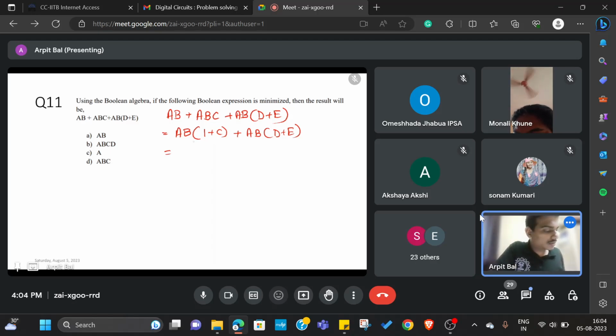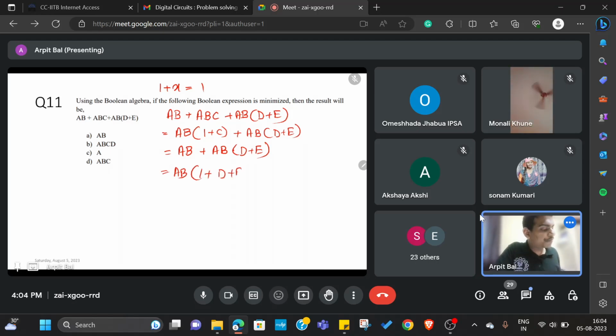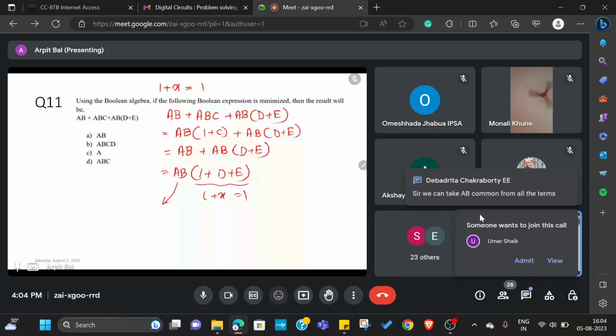So here we will have AB plus AB. Let me write it down. 1 plus X is equal to 1. AB into D plus E. Again we will take AB common. So it will be 1 plus D plus E. Again this is of the format 1 plus X, so it will be 1 and we will be only left with AB.